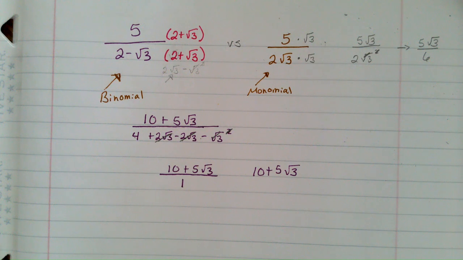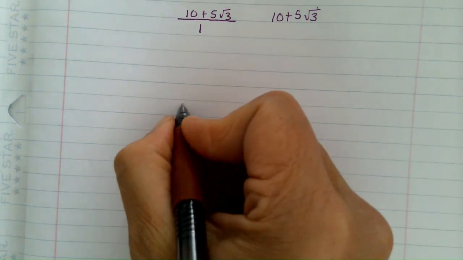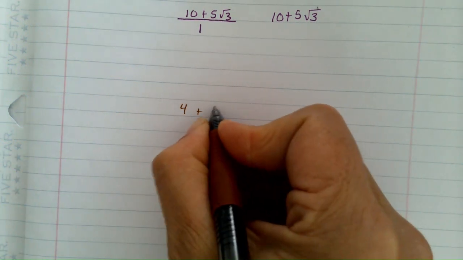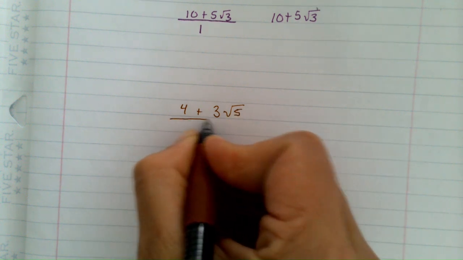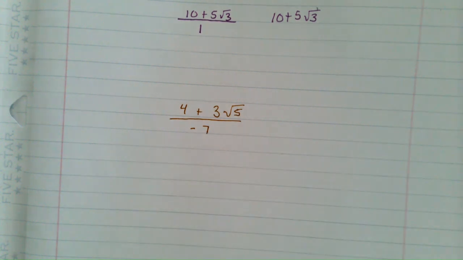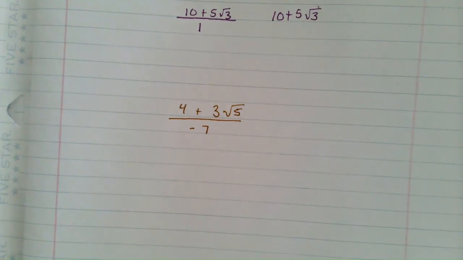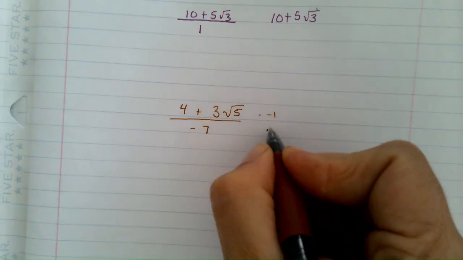Also, one other thing to keep in mind. Let's say you wound up with an answer of 4 plus 3 root 5 over negative 7. I would prefer, personally, that you didn't leave this in this form. I would multiply the top and bottom by negative 1.